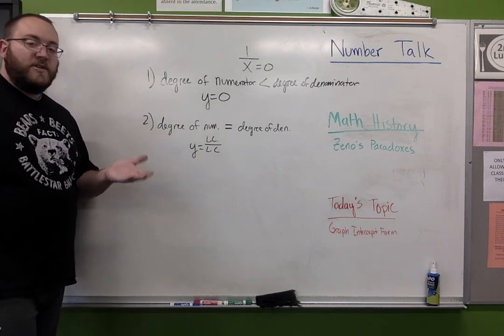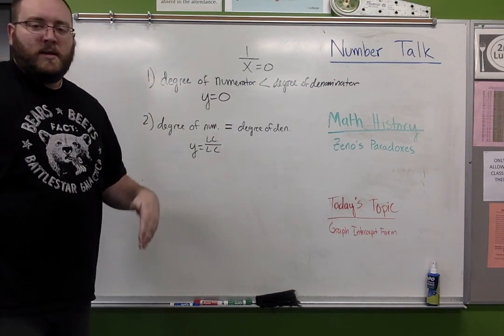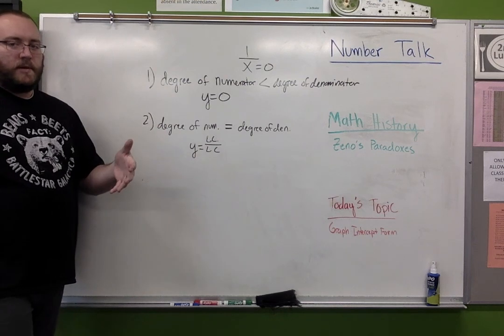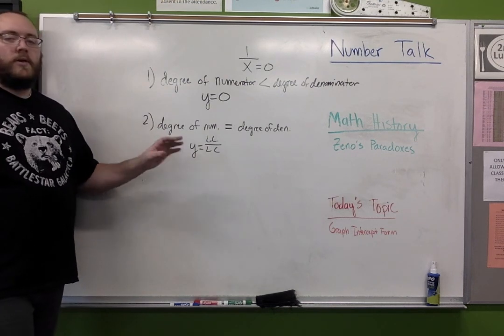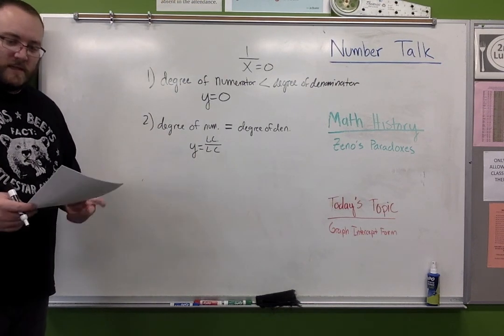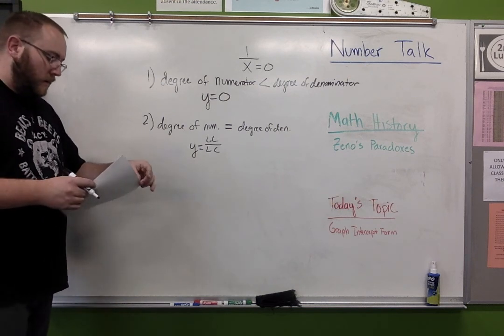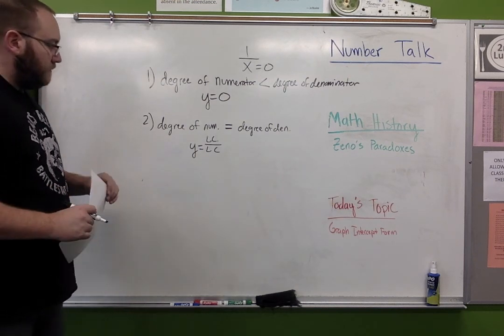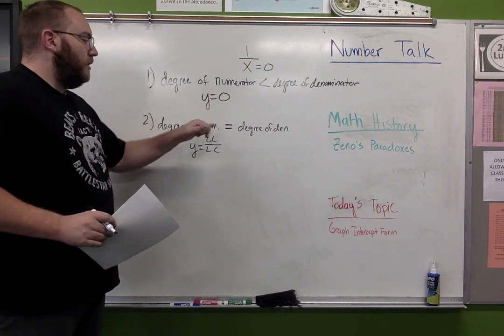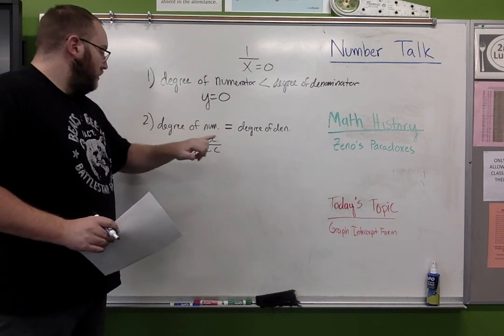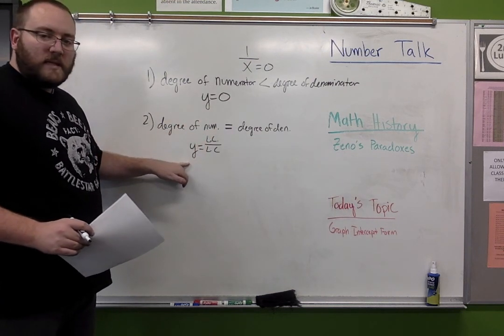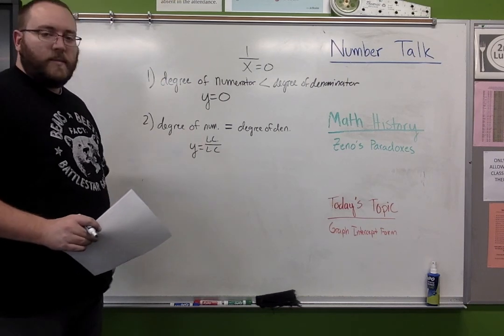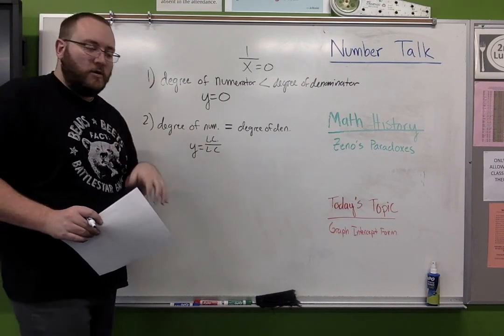Remember, leading coefficient is the number that's touching the variable that has the largest exponent. Now, don't worry, we're going to do examples with this, I promise. So if the degree of the numerator is equal to the degree of the denominator, the horizontal asymptote is y equals leading coefficient over leading coefficient.